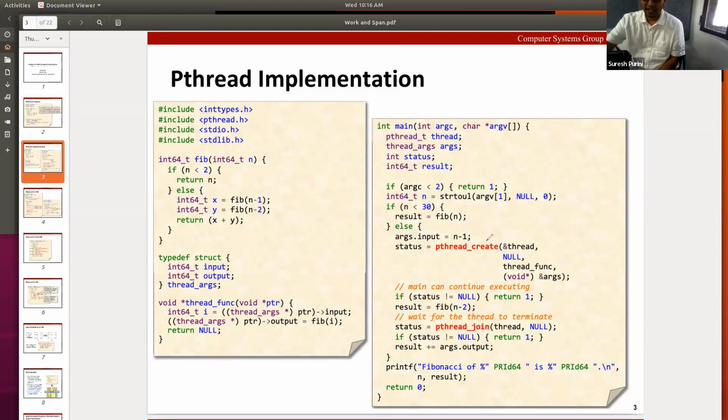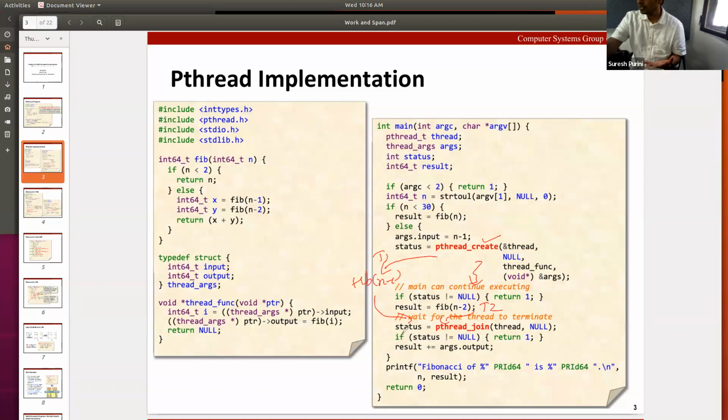Broadly speaking, here we are creating one thread, and then there is another thread. You spawn a new thread, and there is another thread which just continues. In that thread, we compute Fibonacci n minus 2, and using thread T1, you compute Fibonacci n minus 1. Then there is a join here, which syncs up these two threads, and then finally, you do the computation. That's roughly what is happening here.